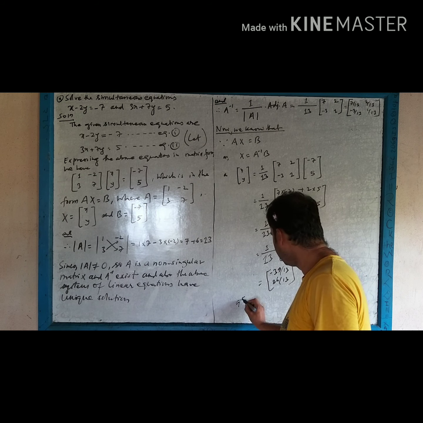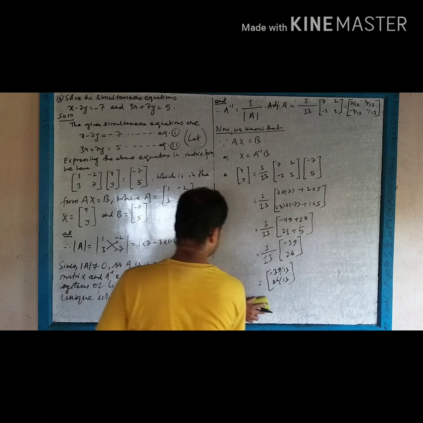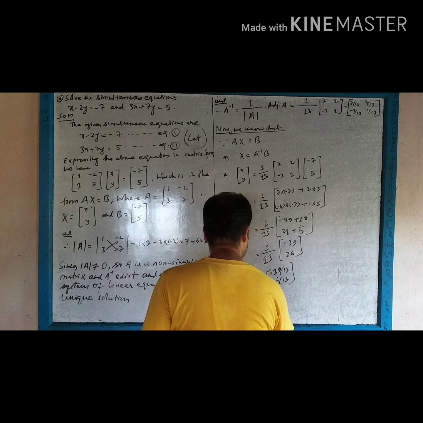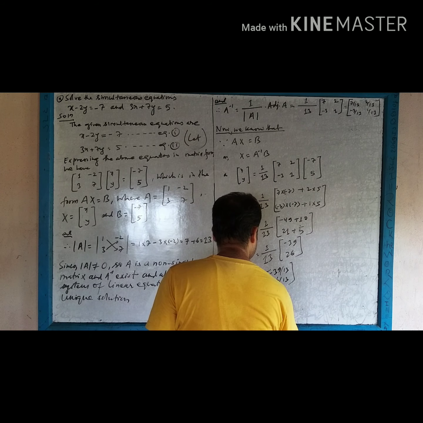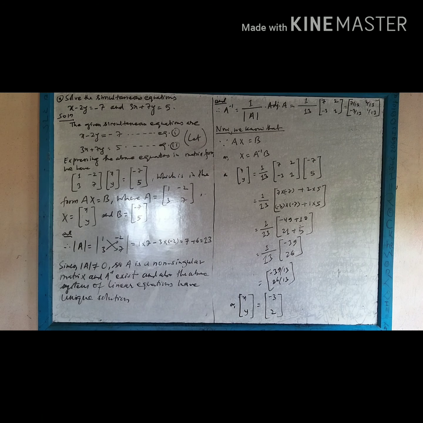So x and y is equal to how much? This value is minus 3 and 2.